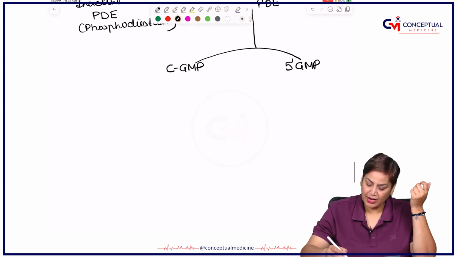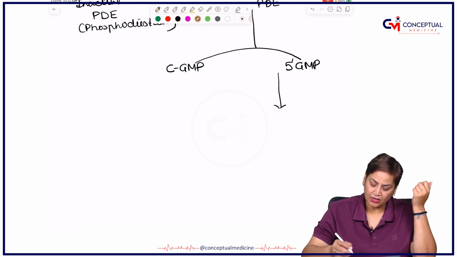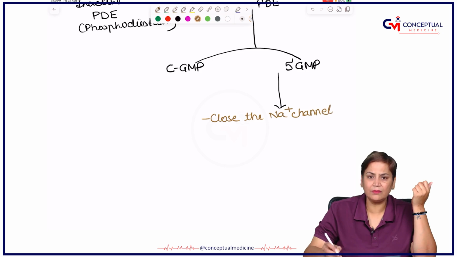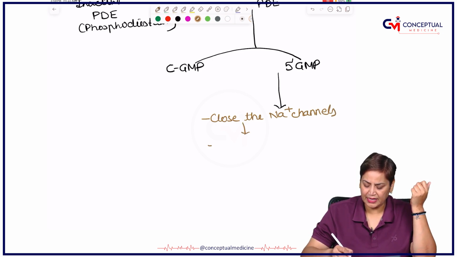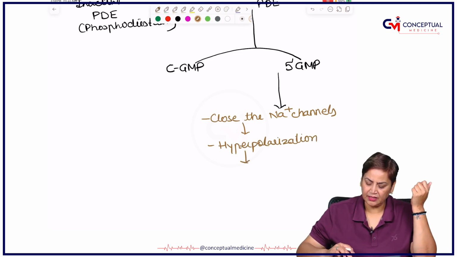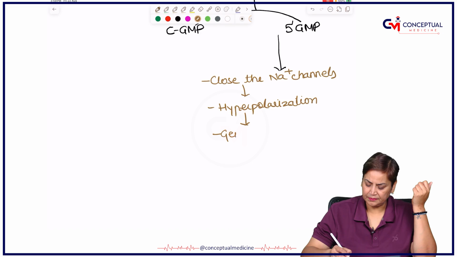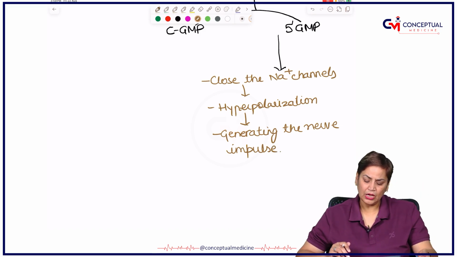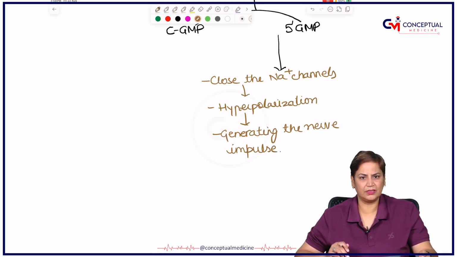And once this 5' GMP is released, it will close the sodium channels. And when it closes the sodium channels, it leads to hyperpolarization, thereby generating the nerve impulse. So this is how the entire chain goes.